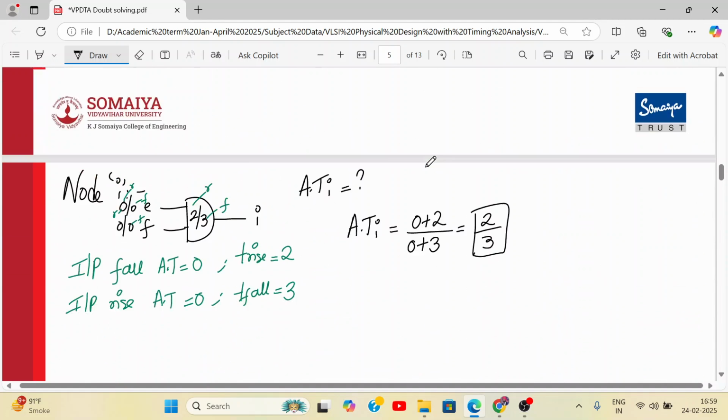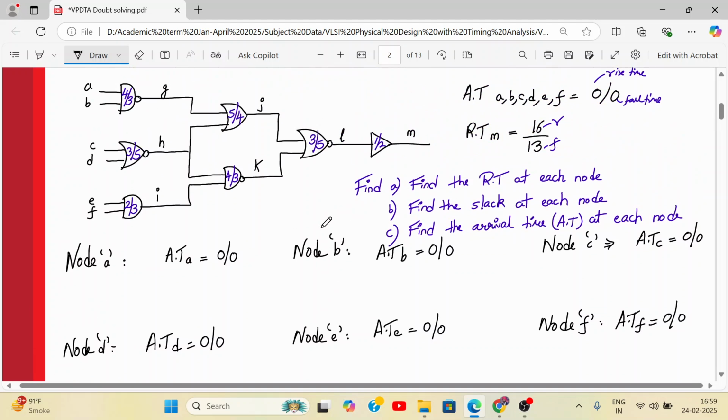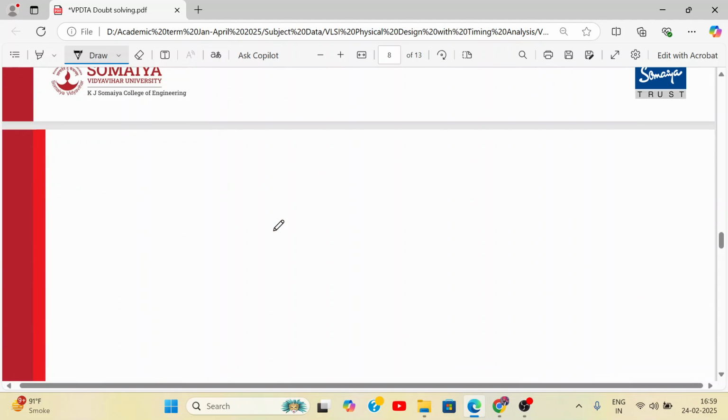Now let us see next. At node L, we have to calculate the arrival time at node L. Alright, so let's do that. It's a NOR gate with inputs as J and K. So here we have a NOR gate.